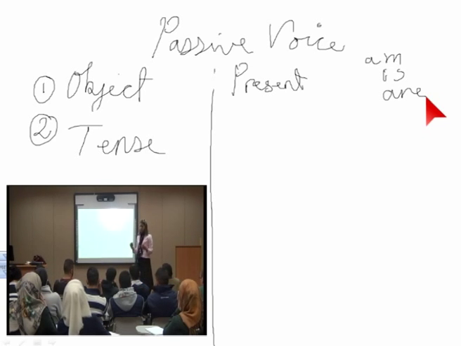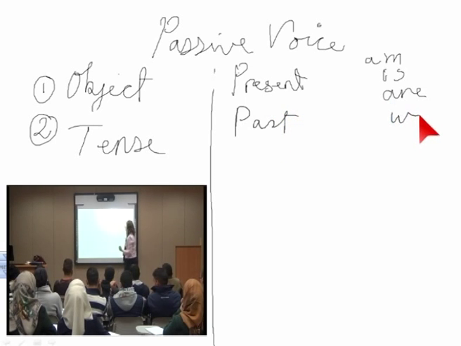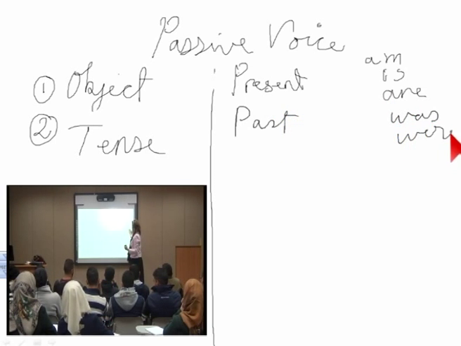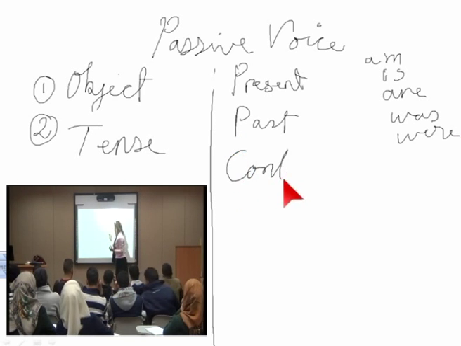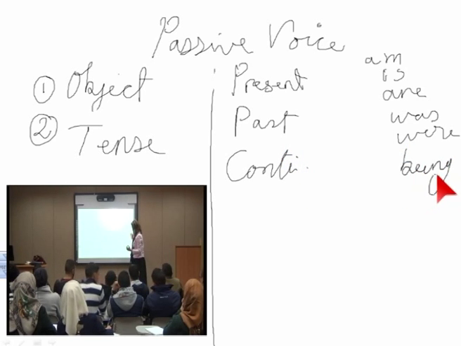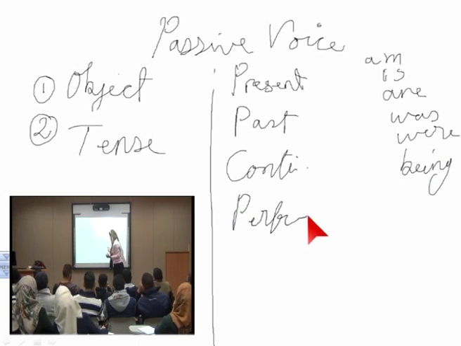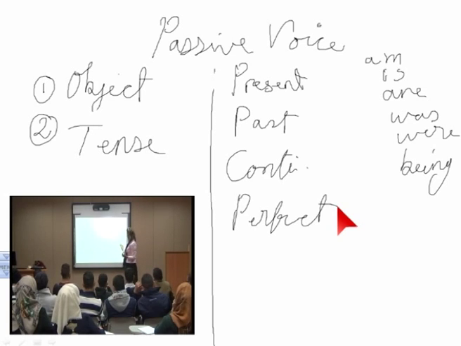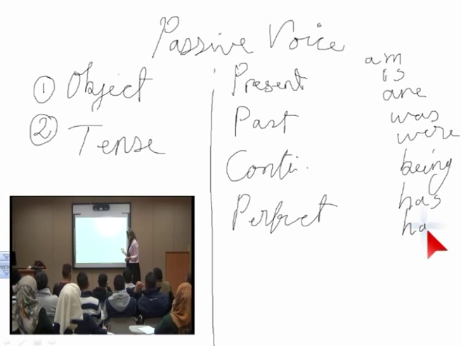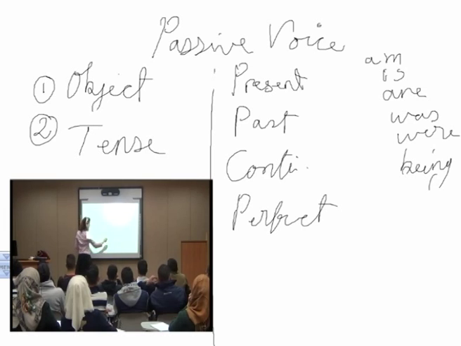If we are going to talk about the past, you're going to use was or were. If you're going to talk about the continuous, being. After that, if we are talking about the perfect, we have has, or have, with been.